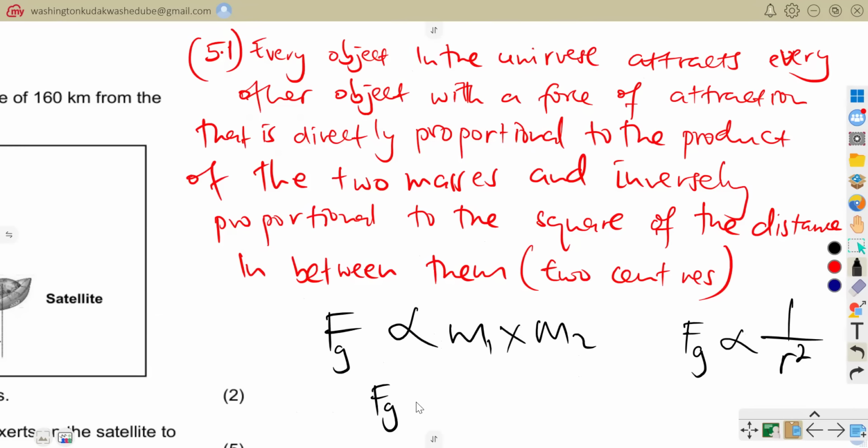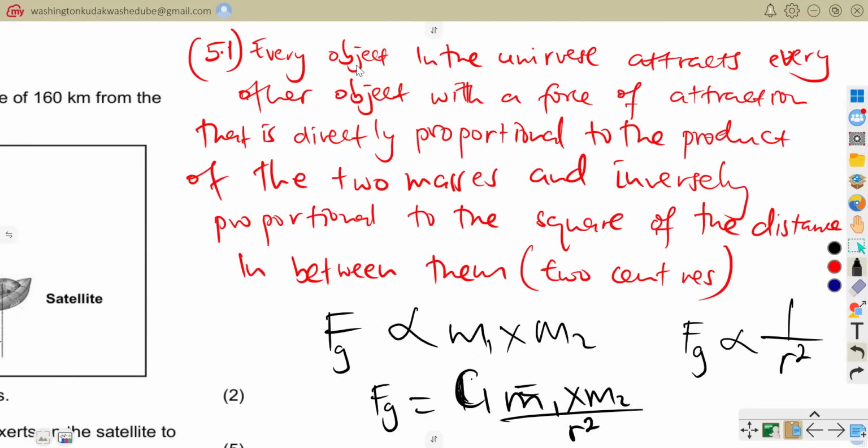Therefore, if I say equal to, I would have a constant here, and that constant became the gravitational constant, and then m1 times m2 all over R squared. That is how we came up with this law.